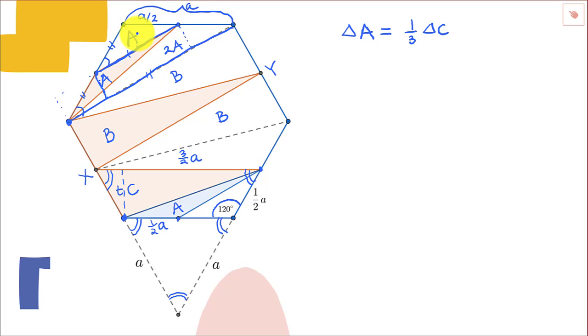So what remains is this one and this one, right? Okay, so how about this? Let's call it F for a moment.